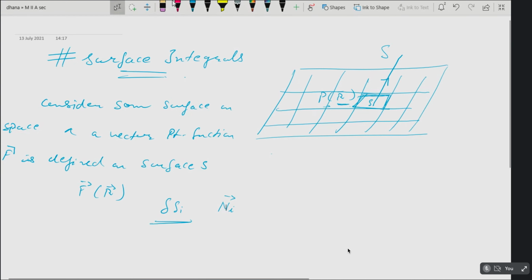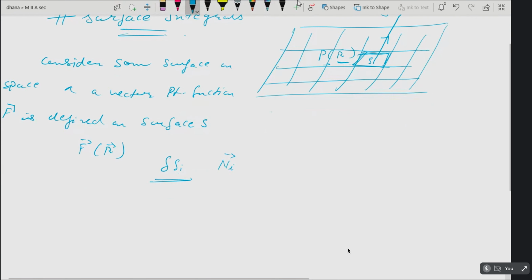Okay, so that means this delta Si into Ni bar is the vector area. It is a vector whose direction is perpendicular to the subsurface Si and area is the magnitude. Are you able to follow? Okay, this delta Si into Ni bar is a vector area.